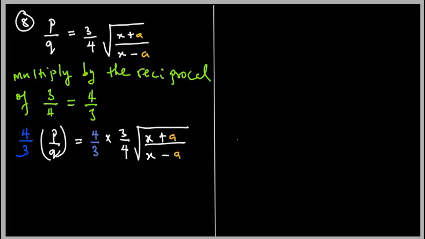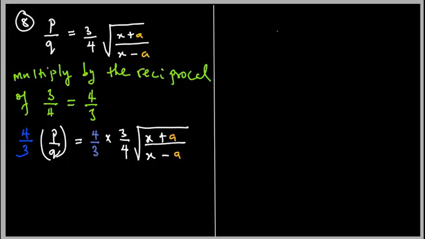Please do not be confused. I'm trying to take out 3/4 here for simplicity's sake. And to take out 3/4, the best way is to multiply by its multiplicative inverse, or you can call it the reciprocal. And this is why I multiplied by the reciprocal of 3/4 on both sides, that is 4/3. As you can see, for PQ, multiply by 4/3, and for the whole of 3/4 and that square root, multiply them by the same 4/3. And watch how it becomes simpler.